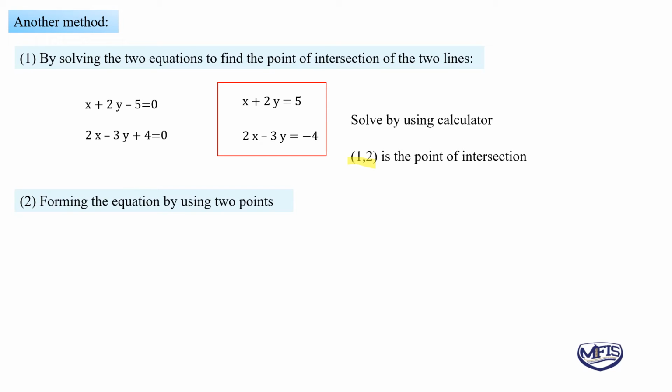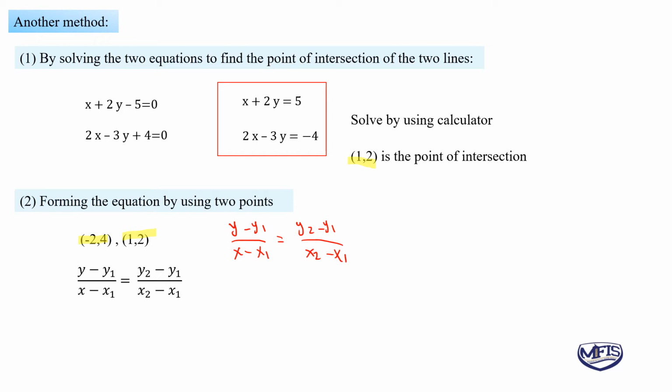So we can form the equation by using the two points, which are negative 2 and 4, the point A, and the point of intersection (1, 2), by using the Cartesian form. So we have the rule (y minus y1) over (x minus x1) equals the slope, which is (y2 minus y1) over (x2 minus x1).